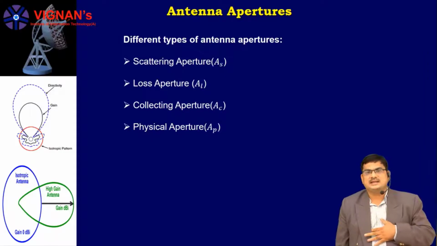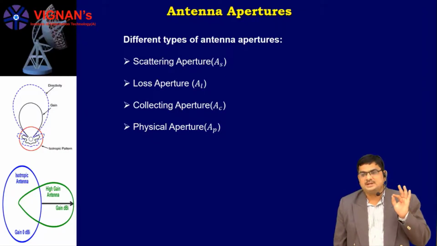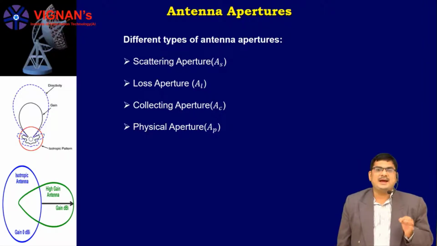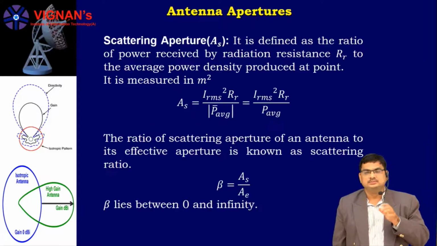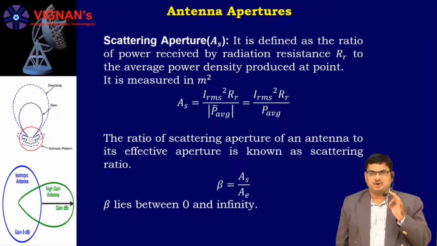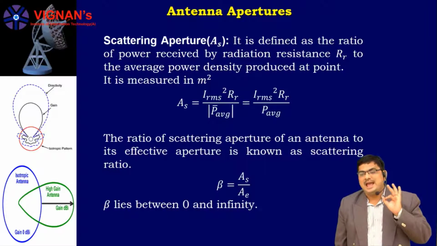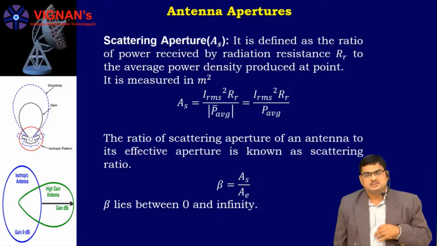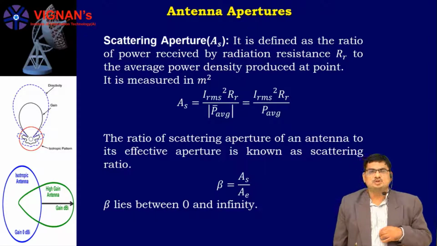It is defined as the ratio of power received by the radiation resistance to the average power density at that point. It is measured in meter square. So AS equals I square RMS into RR by P average.